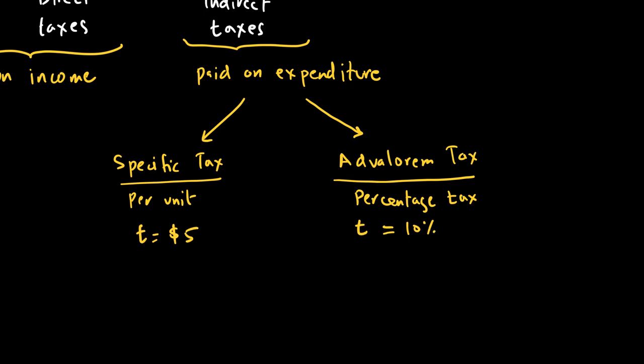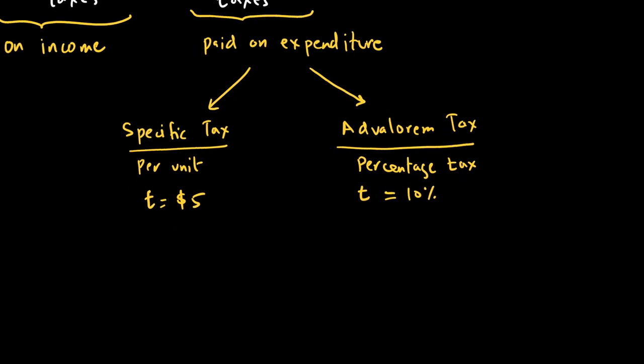The percentage means that the higher the price that you pay for the good, the higher will be this tax amount, because 10% of a larger number will be much more than 10% of a smaller number. On the other hand, with a flat tax, the amount does not vary, it remains the same.